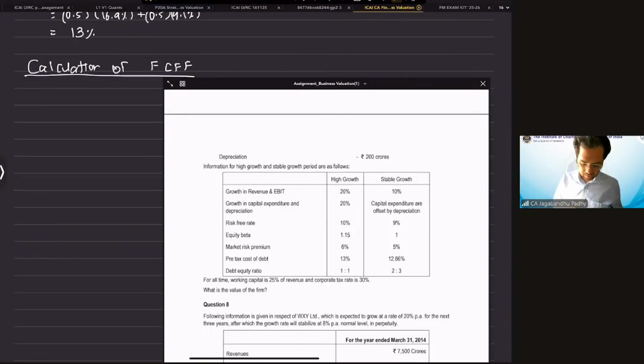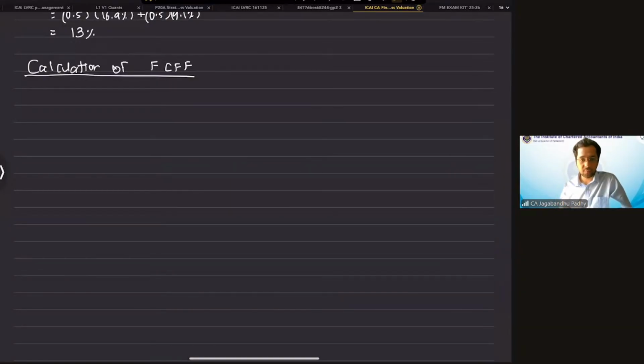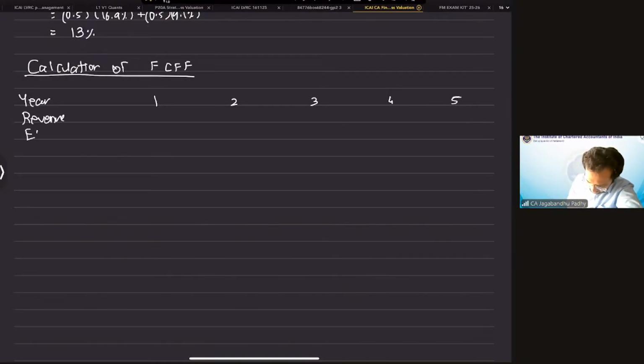Now, calculation of free cash flow for the firm. The format that we have for calculating the free cash flow for the firm is, we have year 1, 2, 3, 4, and then the terminal year, which is year 5. So we have revenue. From the revenue, we will derive EBIT. Then we'll make it EBIT into 1 minus T because we want to compute the FCFF.